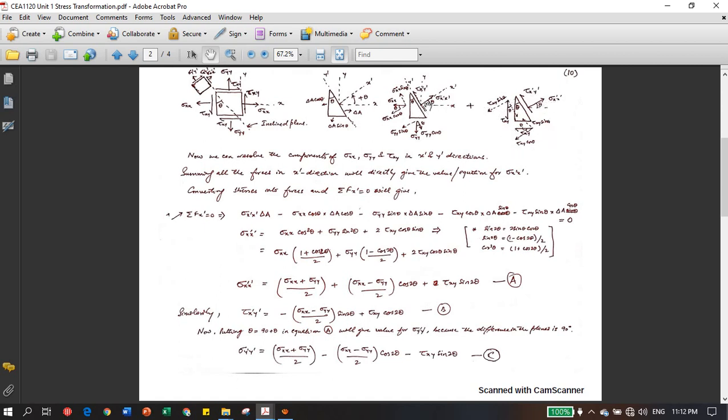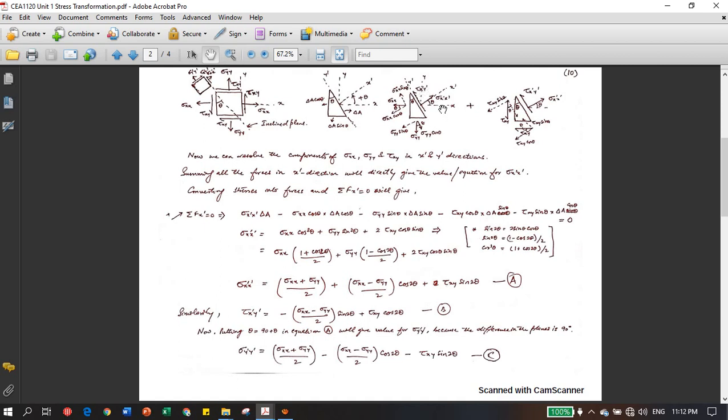Okay, and this way you can directly calculate the sum of all the forces acting in the x dash direction, so that we can directly get the value of sigma x dash, and the forces in the y dash direction, you can directly calculate the value of tau x dash y dash.